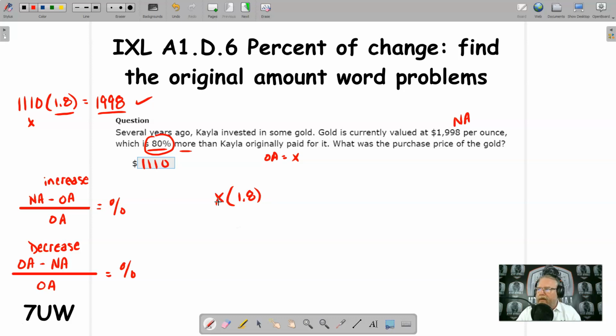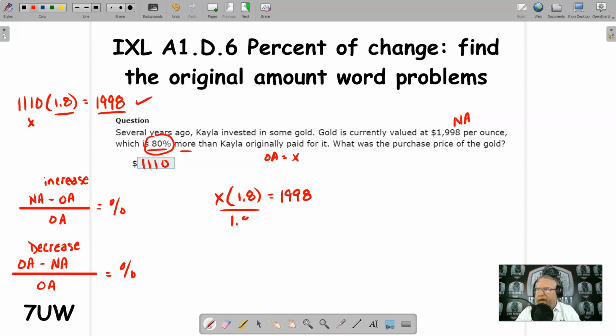So the original amount times the amount of increase, which we know is 80%, which actually is 180%. We increase it by 180%, as a decimal is 1.8. That's going to equal, in this case, our new amount, which is 1,998. Now, the 1.8 is tied to the x through multiplication. The opposite operation is division.